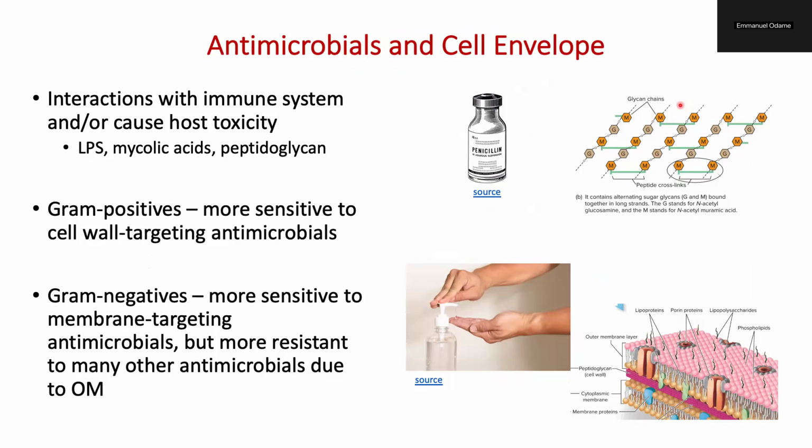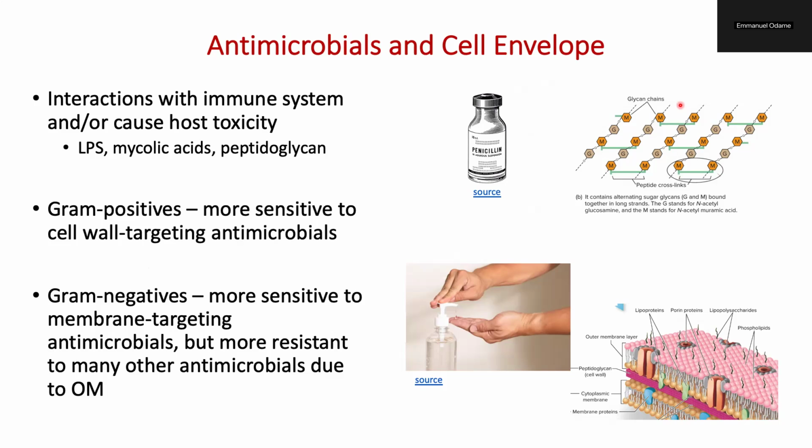Now let's shift gears and talk about antimicrobials and also the cell envelope. So, when the bacteria goes into your body, it tries to interact with your immune system and evade it or break it down and attack you and just make you get sick.